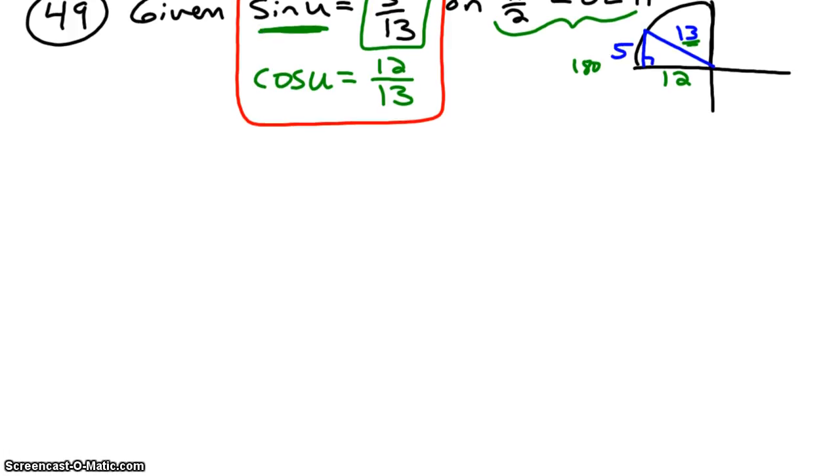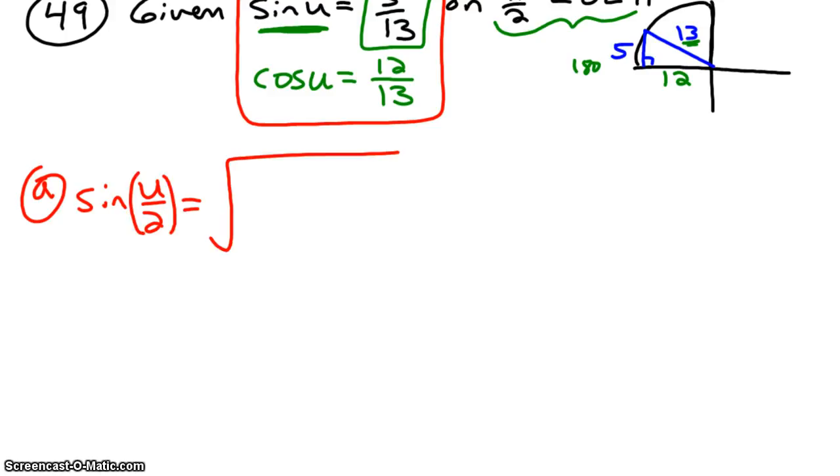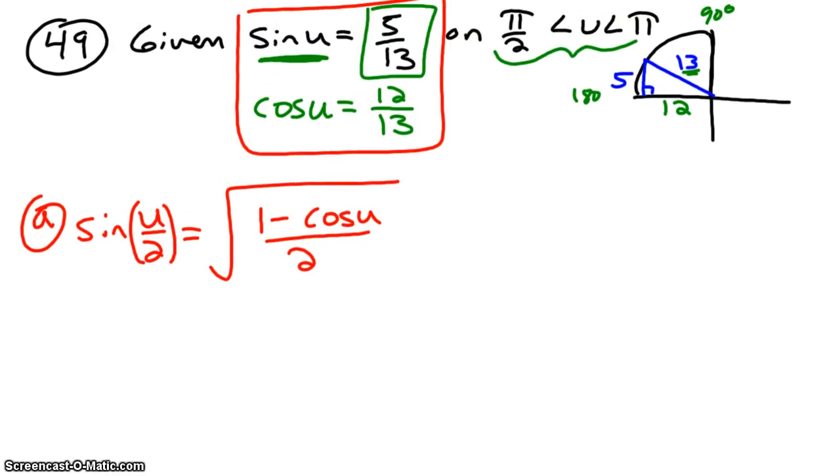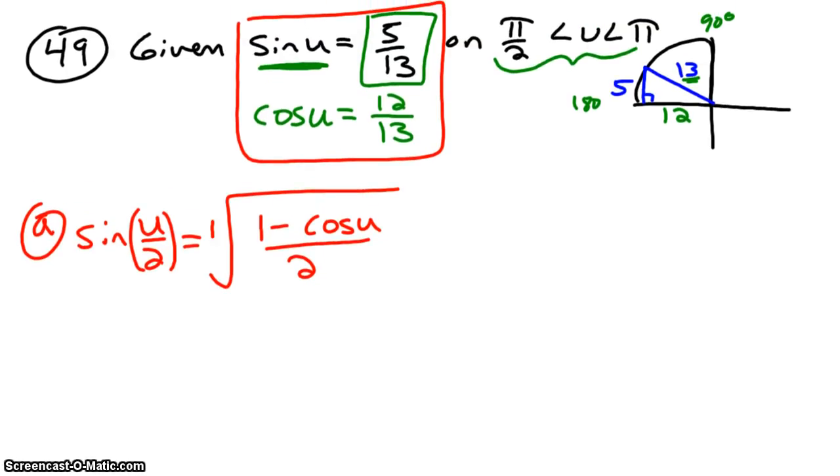So here we go. Let us begin and see which ones we get done. For sine of u over 2 that they want us to solve for, we'll put it into our formula, which is the square root of 1 minus cosine u all over 2. Again, I am dealing with quadrant 2, so it's a positive value in front of my radical symbol.